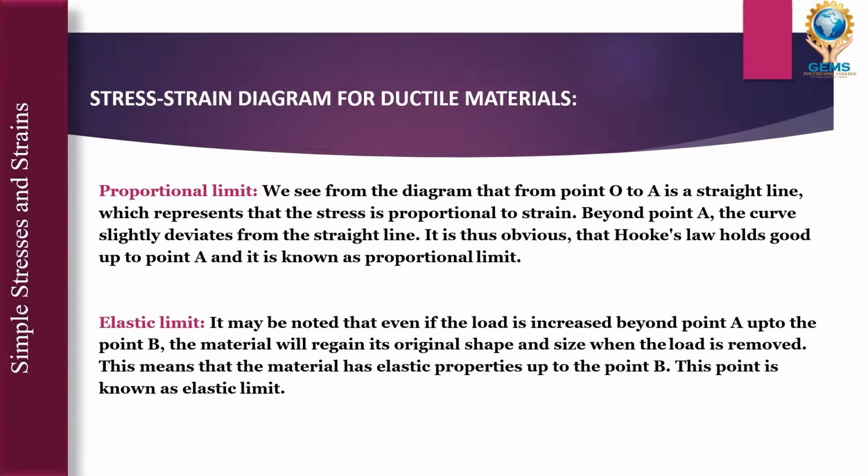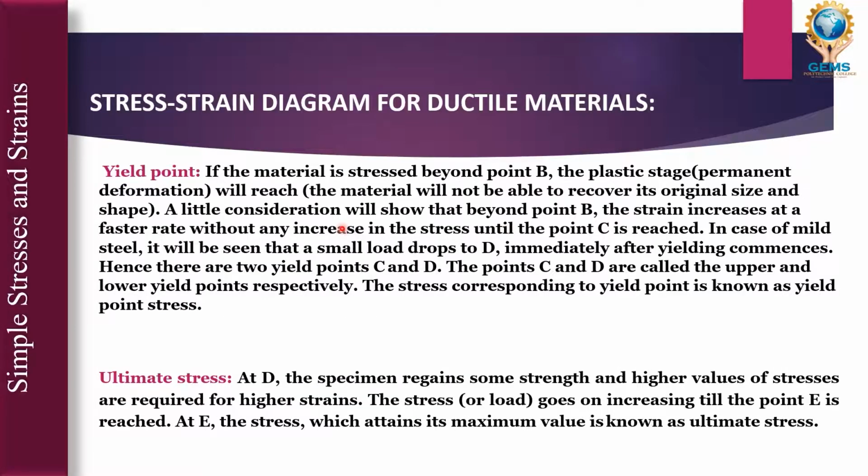Understand? Now we will see point C, the yield point. If the material is stressed beyond point B, it reaches the plastic state. What is plastic state? Permanent deformation. Understand? Plastic state means permanent deformation. Actually, plasticity is one of the properties of a material.